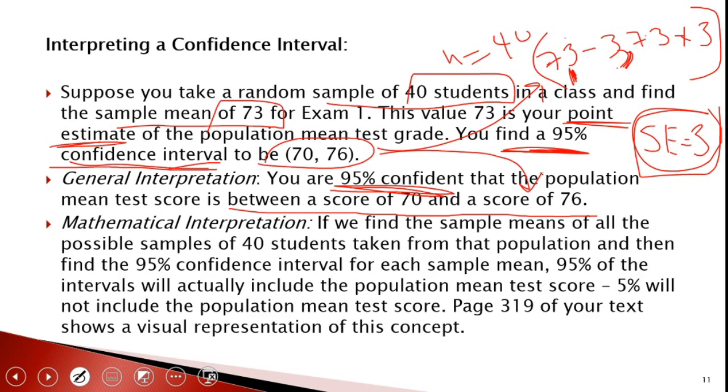When we think about this mathematically, if we find the sample mean for all possible samples of 40 students, each with a 95% confidence interval, 95% of those intervals will include the population mean test score and 5% will not. Why 5%? Because 95% is included, but the remaining 5% will not include it.